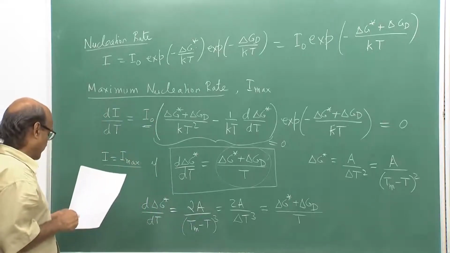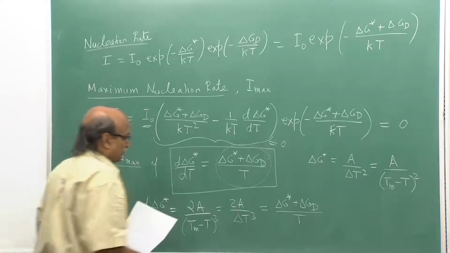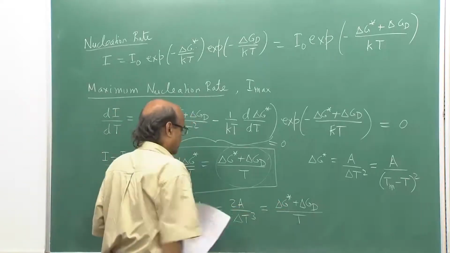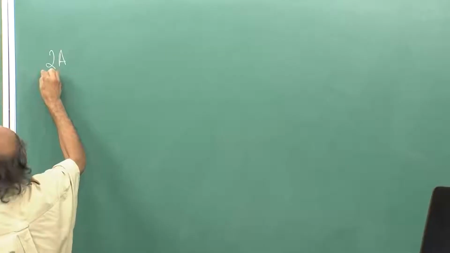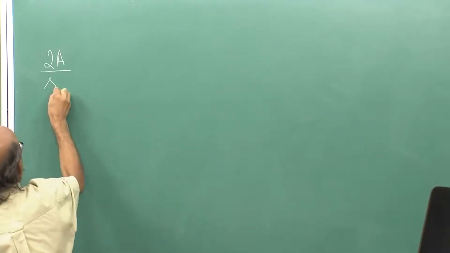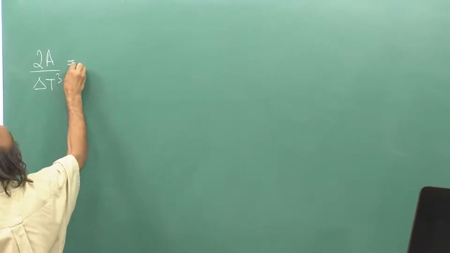So, let us substitute for delta G star. I can write 2A upon delta T cube.